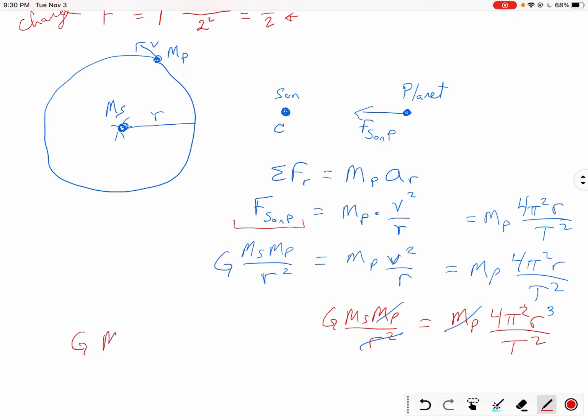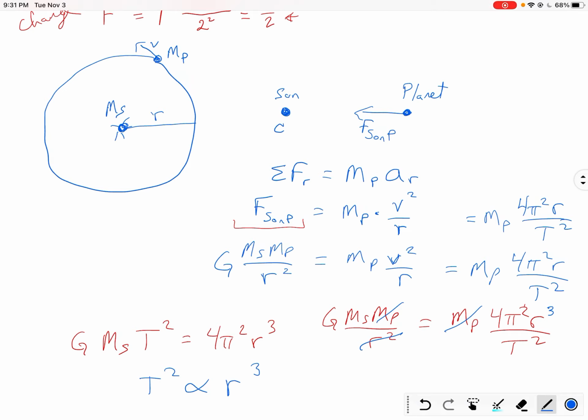So G, mass of the sun, T squared, is equal to 4 pi squared r cubed. And if you notice, this is Kepler's third law. Kepler's third law was simply that the square of the planet's period was proportional to the radius cubed. And that's exactly what that expression says.